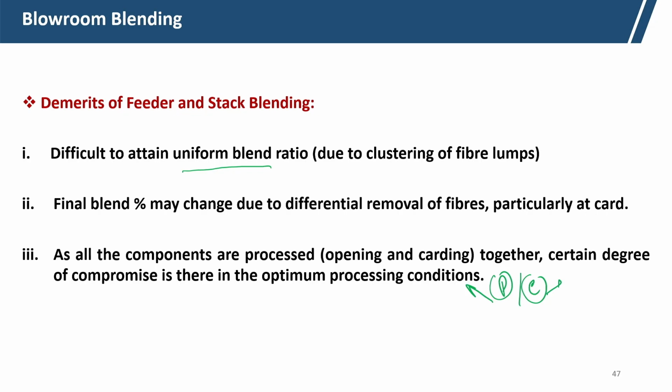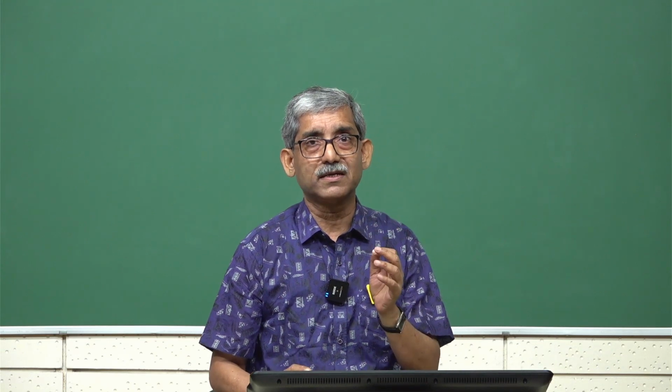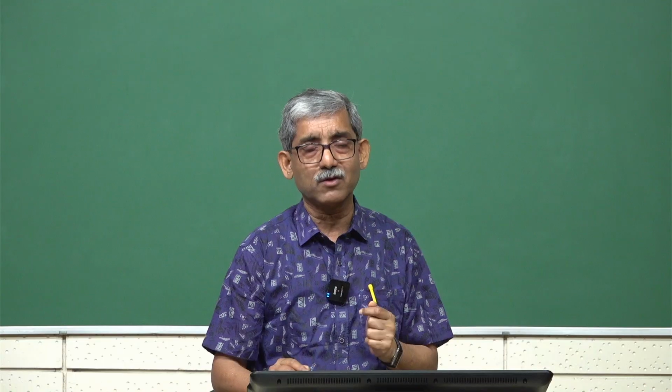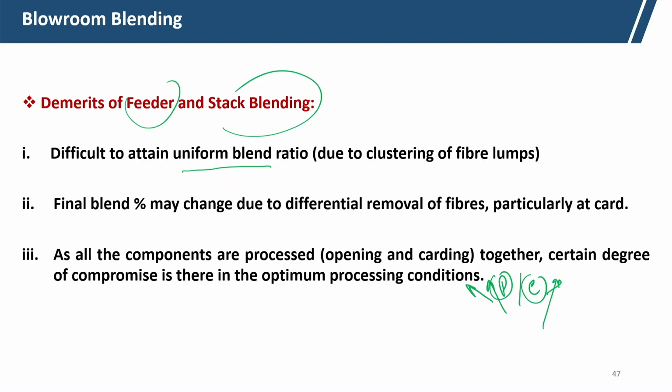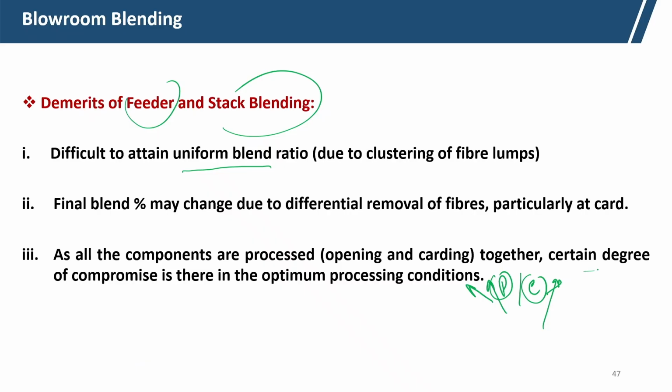But as we are doing stack blending or feeder blending at the initial stages, we have to compromise. We cannot set exactly as per the polyester or exactly as per the cotton. Optimum process conditions are needed, a certain degree of compromise we have to make, and we will get a compromised quality. But the merit is that it is a very simple one.